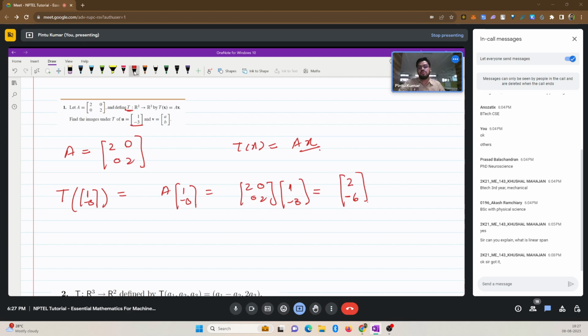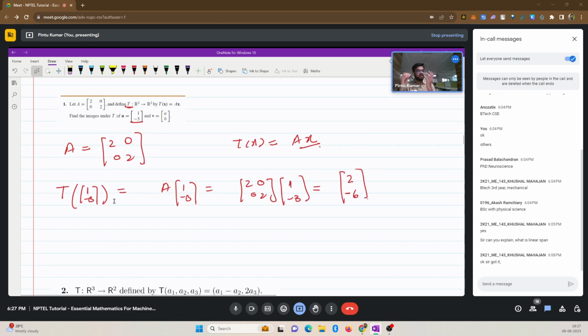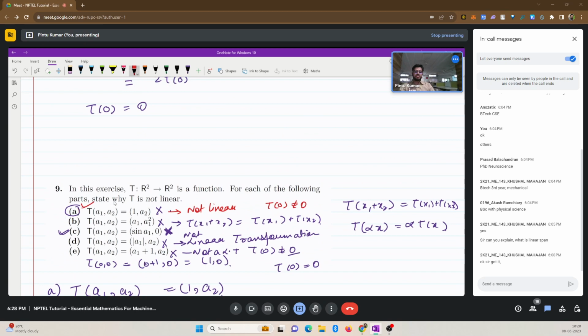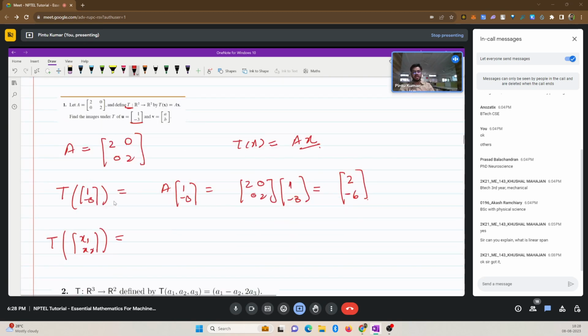Now when I say that we want to recover the linear transformation from the matrix, what I actually mean is, if we have some arbitrary x1 and x2, what would be the map of this particular thing? If you recall the examples we did here, we had linear transformation written in this form. So from the matrix, we want to write it again in that form.